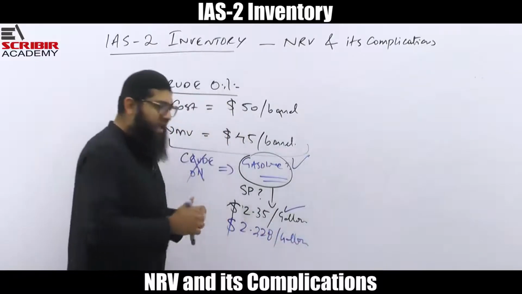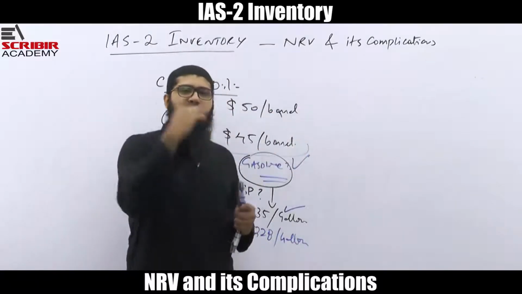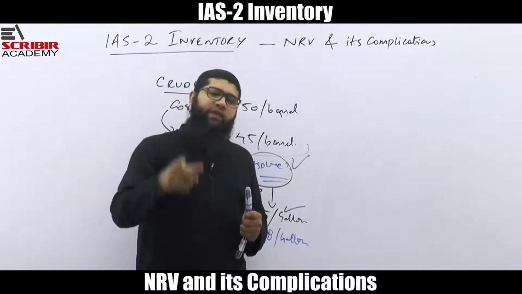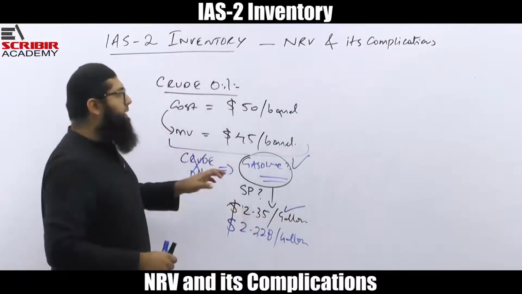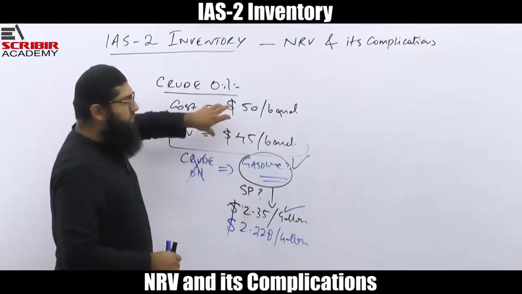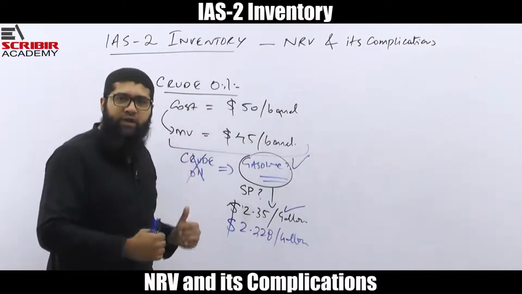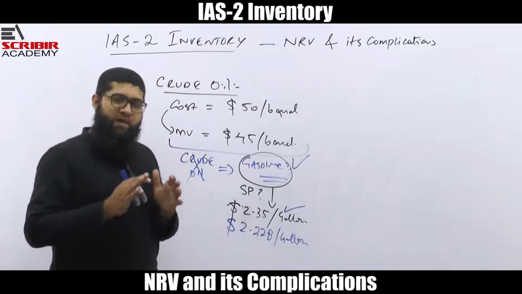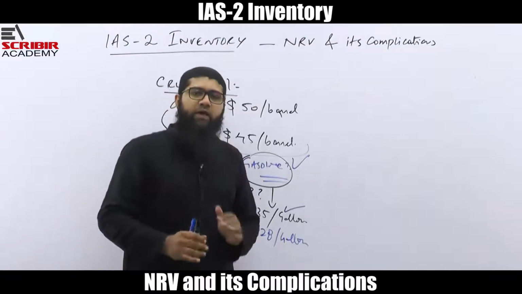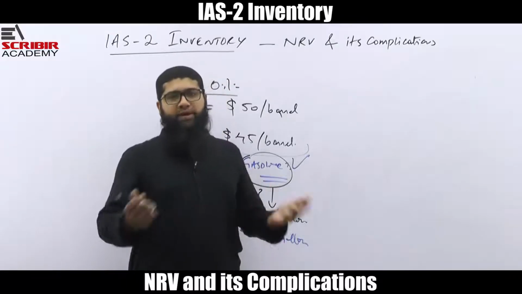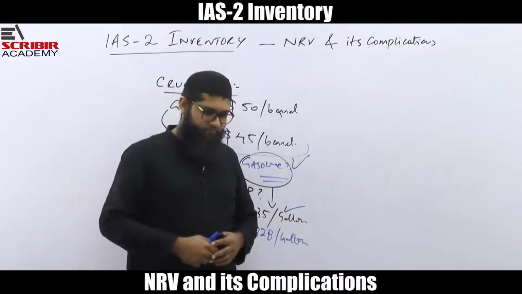So if the market price of the ultimate finished goods, the product that we sell, has gone down, then that would mean that we might have to review whether we should write down the raw material to the NRV or not. So this is one specific concept that you have to discuss with respect to the NRV: in case the market value of the raw material moves, how would we deal with it?